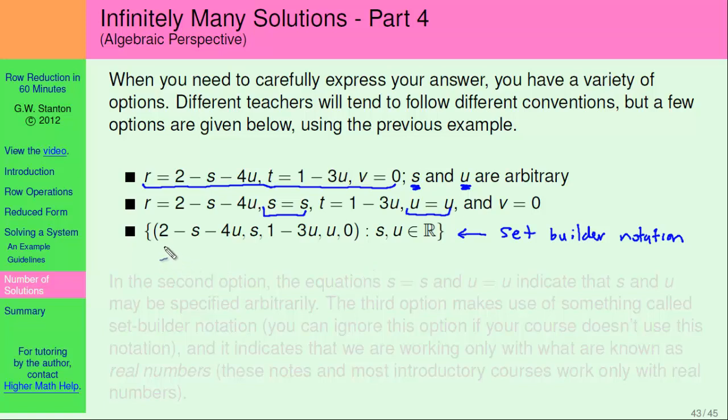You would just list out the right-hand side of each of the equations from the second option in an ordered quintuple, and then specify again that s and u can be any real number. That's what this symbol means here.